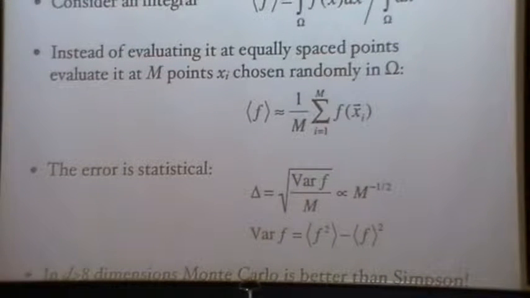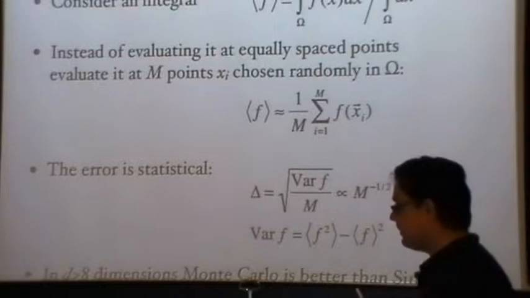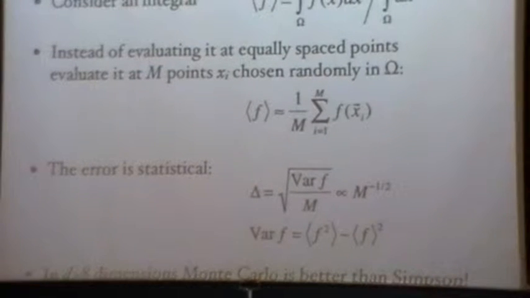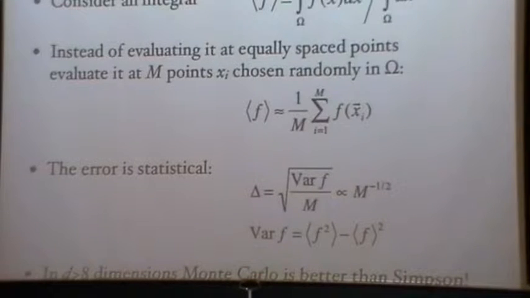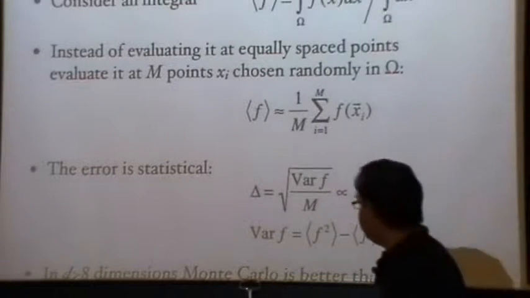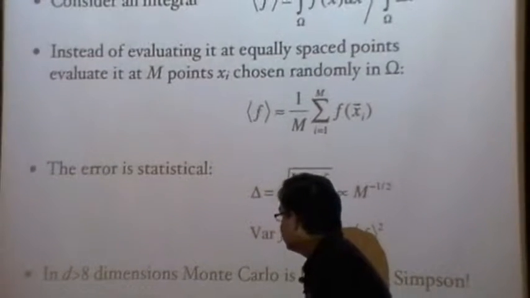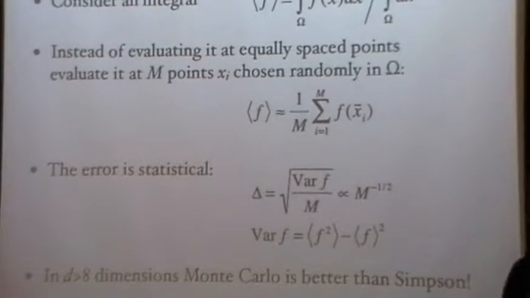Simpson's rule went like 1 over m to the 4th power in one dimension. In d dimensions, it went like 1 over m to the power of 4 divided by d. So when the dimension d is larger than 8, then Monte Carlo wins out.